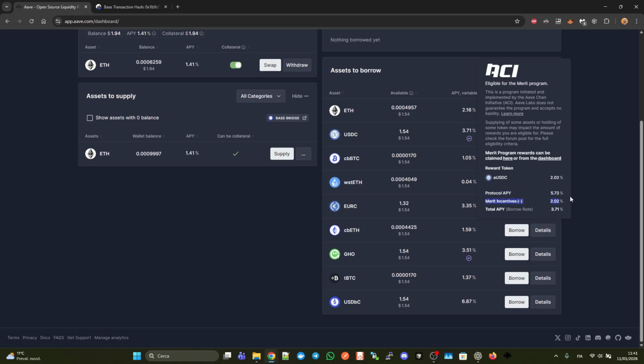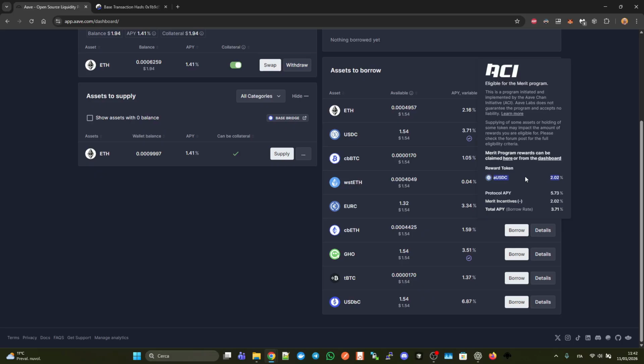Which means that basically the protocol is paying you some amount of tokens to, let's say, incentivize borrowing this USDC, and so for this reason the total APY would be 3.71%. But you have to be eligible, and it is paid in another token, which is AUSDC. These merit incentives.